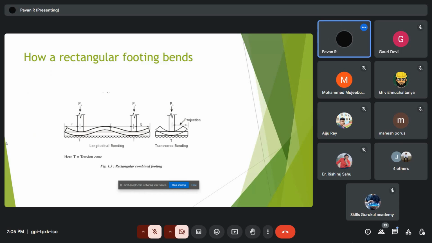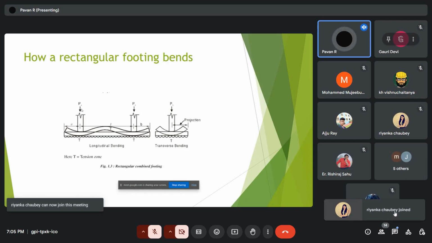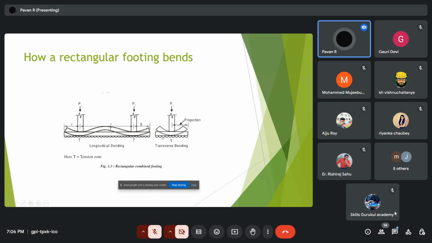In the longitudinal direction, the footing is going to bend in this way, where P1 is one column and P2 is another column, and A1 and A are the projections of the combined footing, and in the transverse direction it is going to bend like this. Generally this behaves as a cantilever, and it can be imagined as a beam supported on columns, so that we can understand it better.